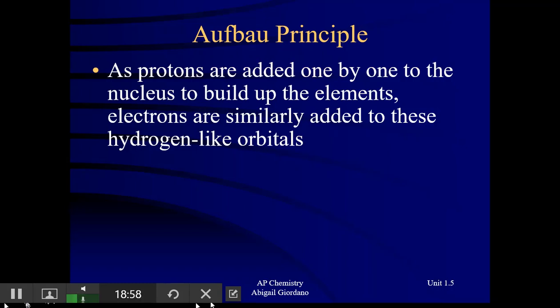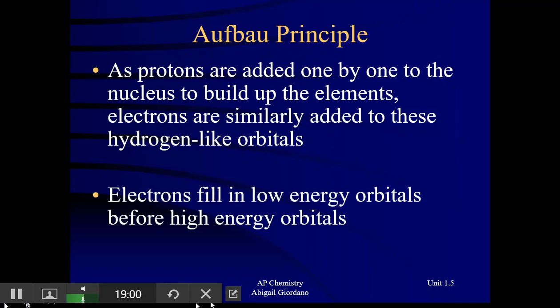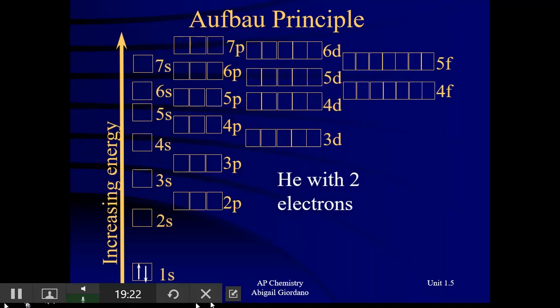And the first one is the Aufbau Principle, which essentially says that electrons will fill in energy levels, sublevels, orbitals that are closest to the nucleus first, so lower energy orbitals first, before they start to fill in higher energy orbitals that are further away from the nucleus. And in Chem 1, we showed you this diagram a lot. You don't need it because these sublevels are on your periodic table in the correct order.